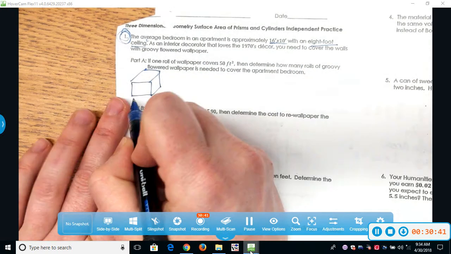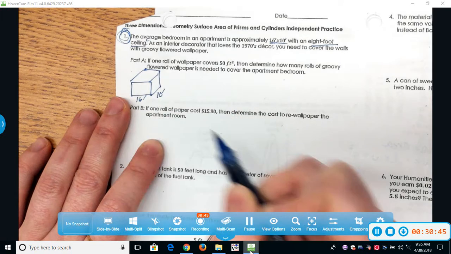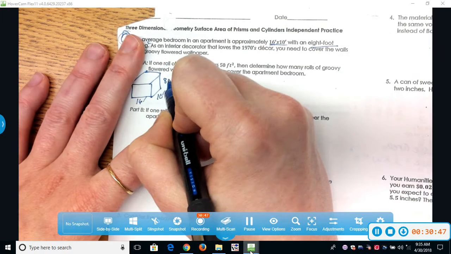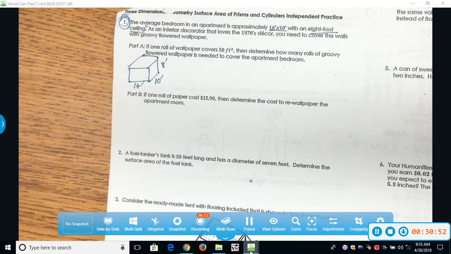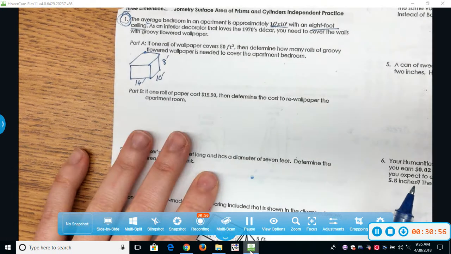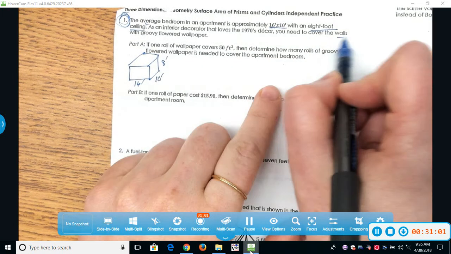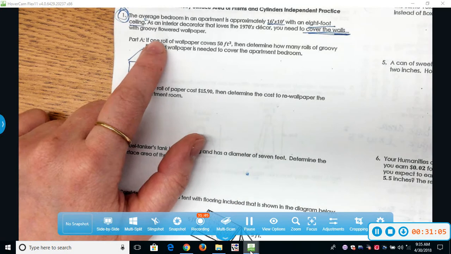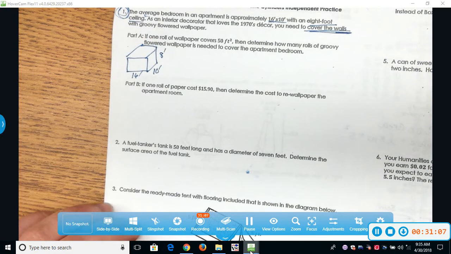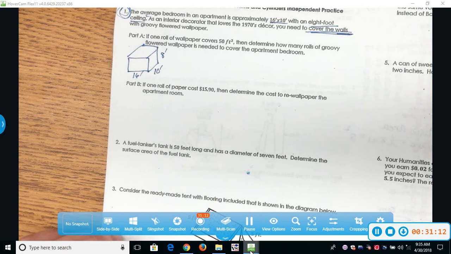My dimensions are 16 by 10. Those are in feet. And the ceiling is 8 feet high. All right. And it says, as an interior decorator that loves the 1970s decor, you need to cover the walls with groovy flowered wallpaper. Okay, so we're talking about wallpaper.